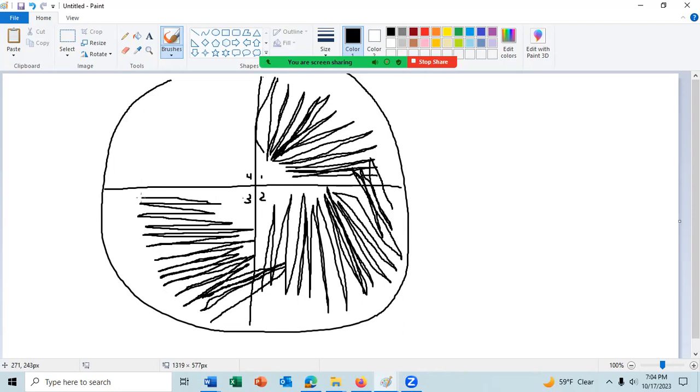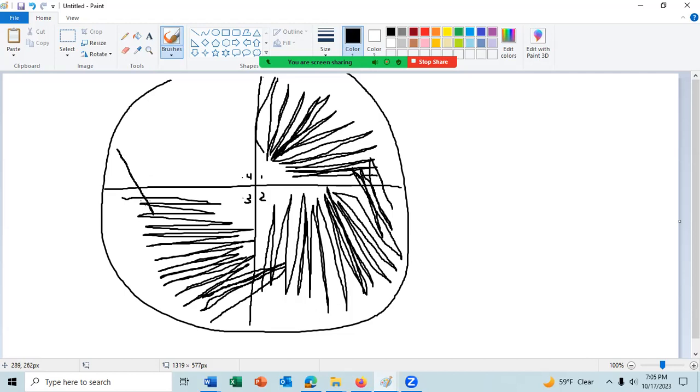Once again in quadrant 3, this region will be the heaviest concentration in quadrant 3, and this will be the lighter concentration in quadrant 3. You then sterilize the loop in quadrant 4, cool it in quadrant 4, usually by touching it right here about 3 or 4 times, and then start quadrant 4, coming into quadrant 3 to pick up cells.